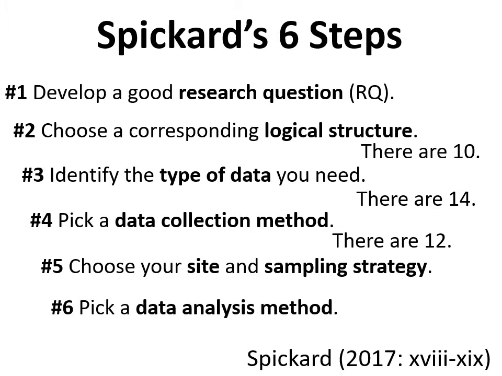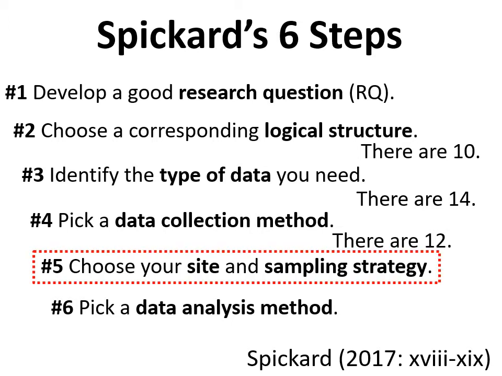And then finally, we pick a data analysis method. You'll notice that for steps 5 and 6, he does not provide as many categories as he did for chapters 2, 3, and 4, but that's okay. So just to be clear, this week we are focusing on site and sampling strategy.